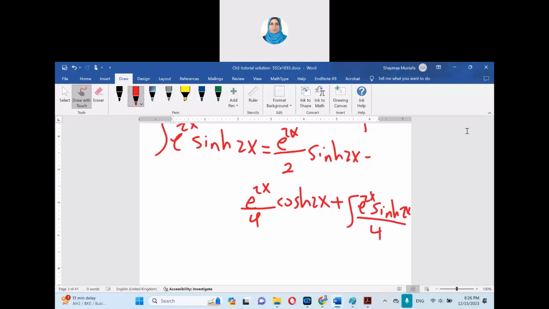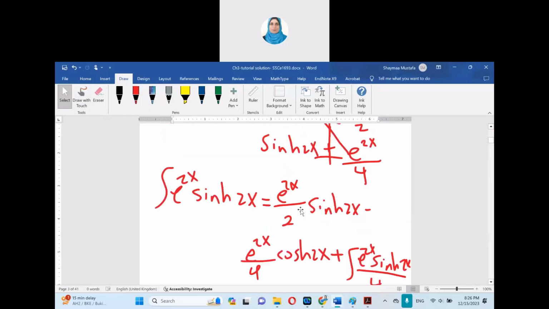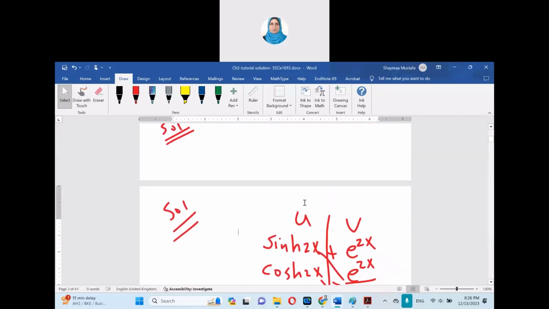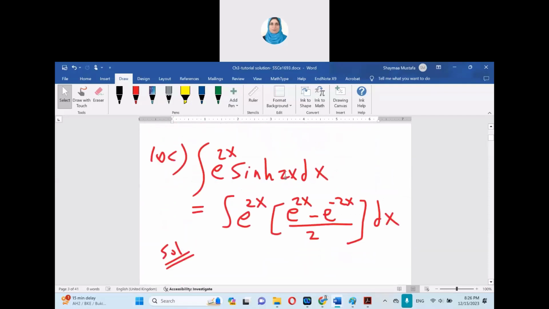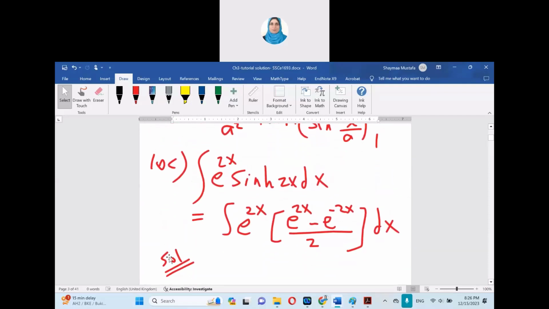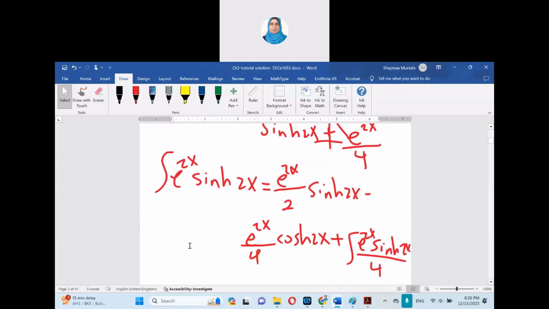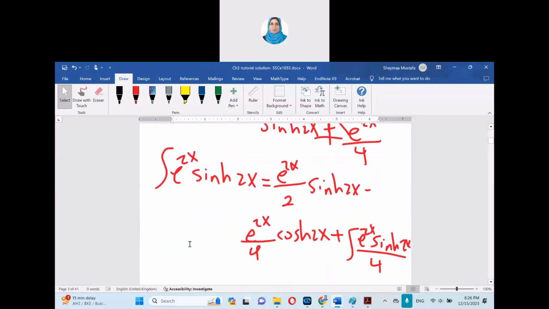Then you can move this to the other side by minus and continue the solution. But here, if the question didn't ask you to use tabular, it is easier for you to use the definition. Definition is very easy. But since the question asks for tabular, we have to follow. Okay.